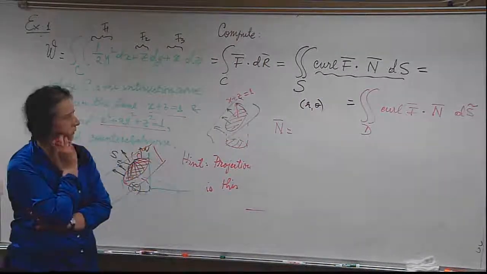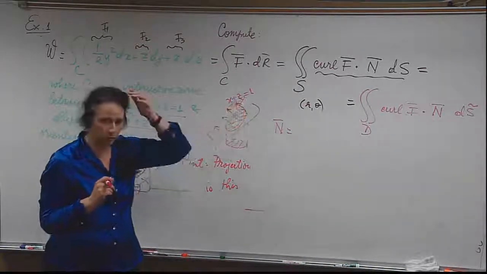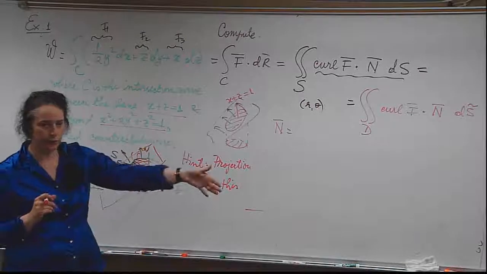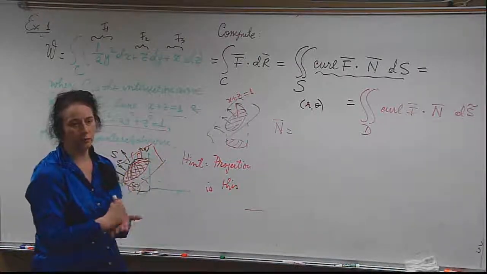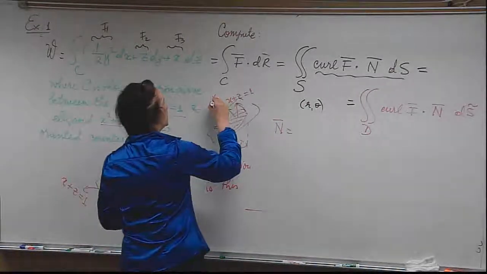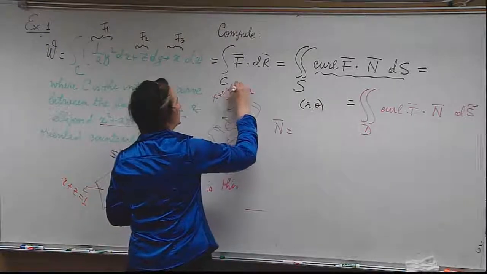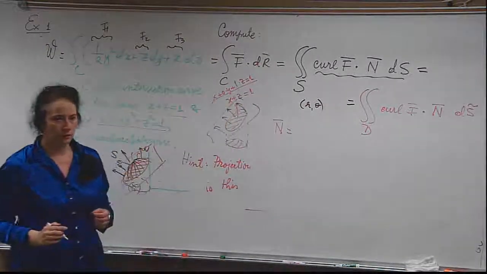Well, it should be x plus z equals 1. What do we keep, what do we throw away? The plane is x plus z equals 1. What's the normal? So the plane is x plus 0y plus 1z equals 1. What's the normal to the plane? Is it i plus k over square root 2?